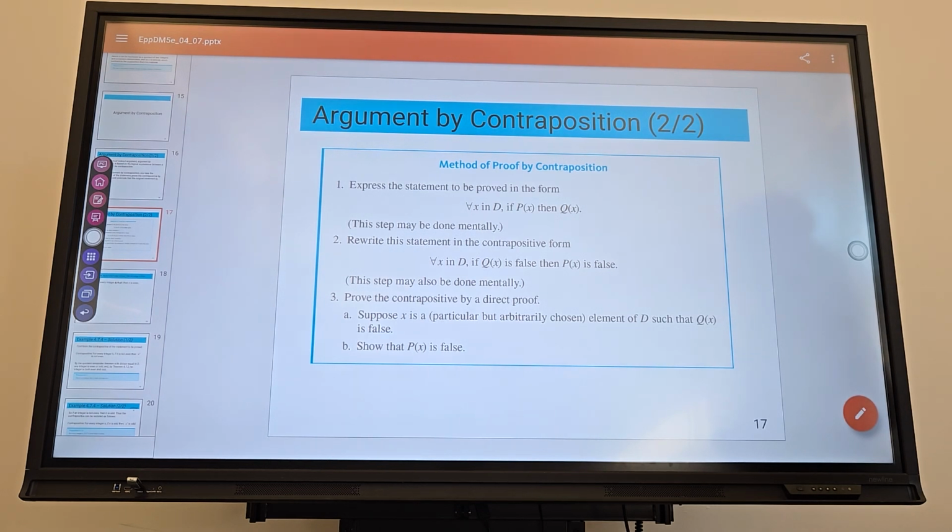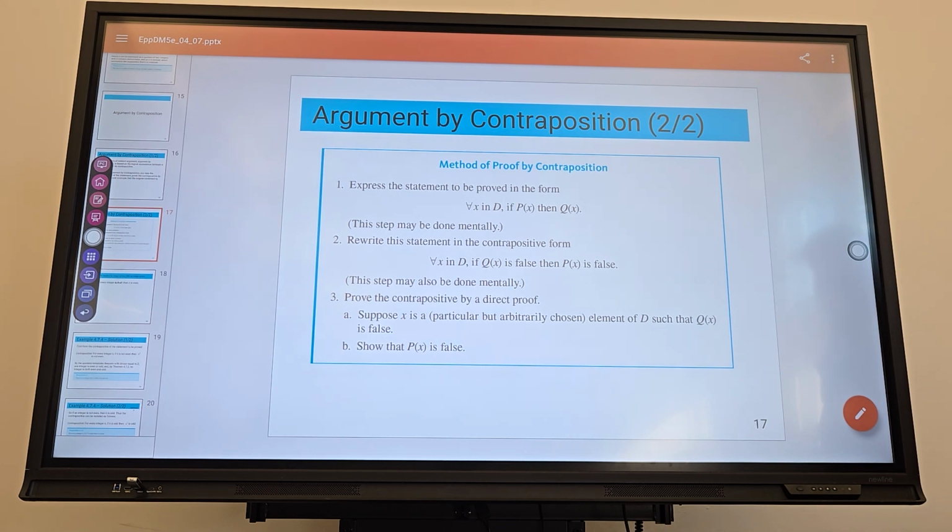So you express the statement to be proved in the form: for all x in D, if P of x, then Q of x. Rewrite it in the contrapositive form: for all x in D, if Q of x is false, then P of x is false.